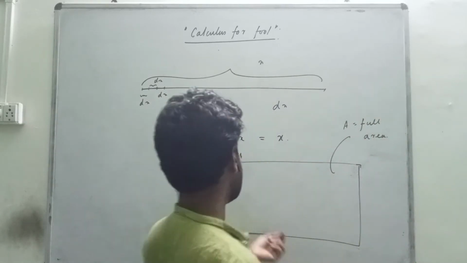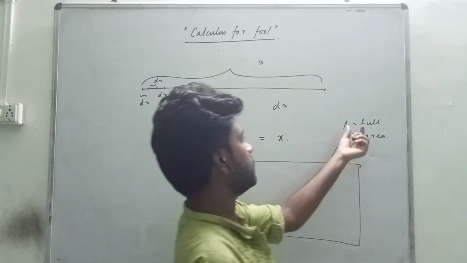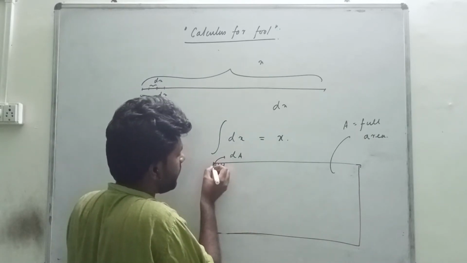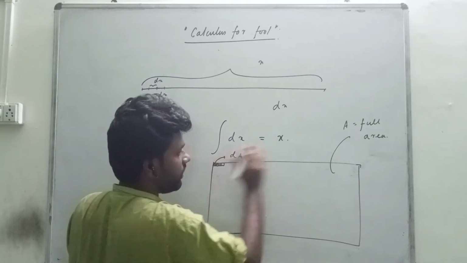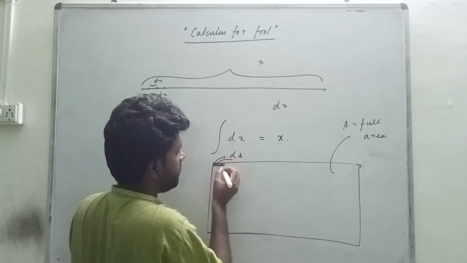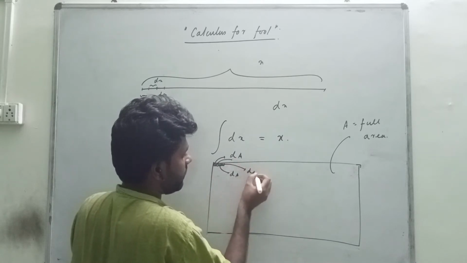So dA means a very small piece of that area. It is a dA, it is another dA, it is another dA.